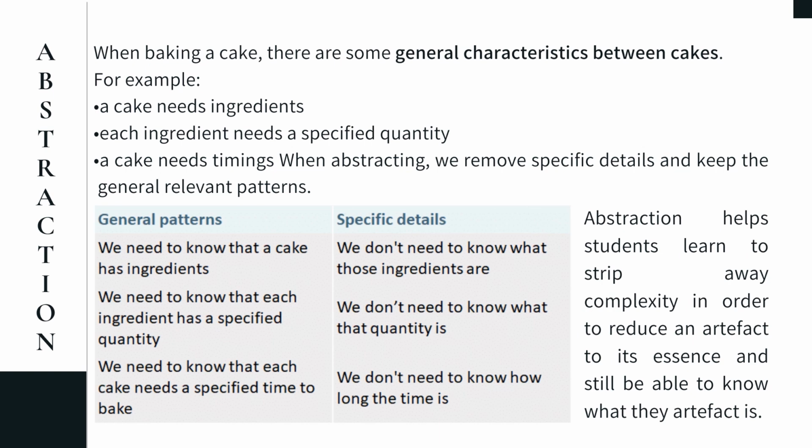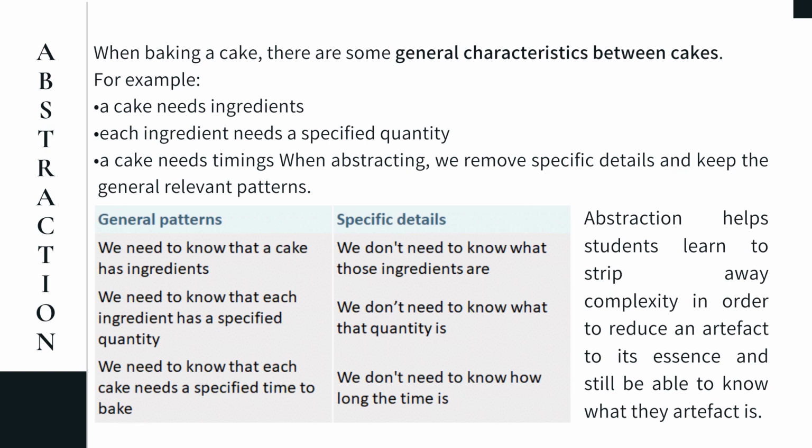So this is the difference between general patterns and specific details. Once again, in our abstraction, we remove all specific details that are irrelevant to solving our problem. After all, abstraction helps students learn to strip away complexity in order to reduce an artifact to its essence and still be able to know what the artifact is.